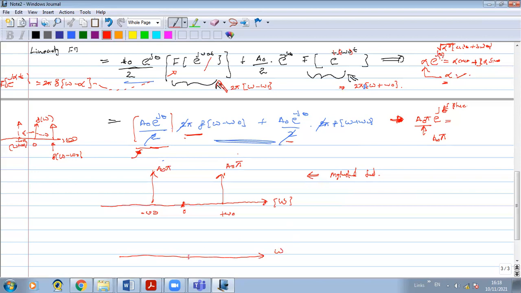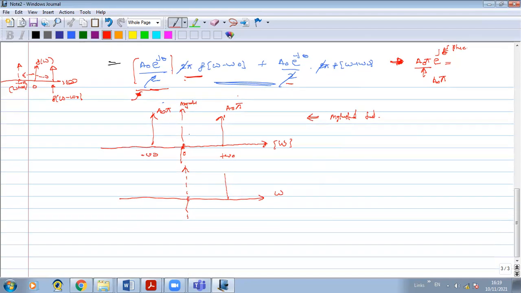On the y-axis we mark the magnitude, but when drawing the phase plot, we mark the phase.